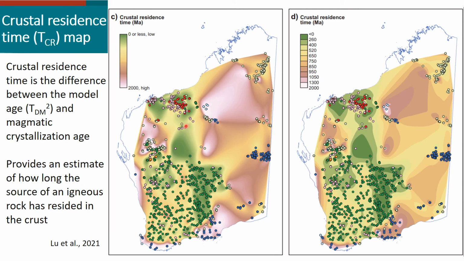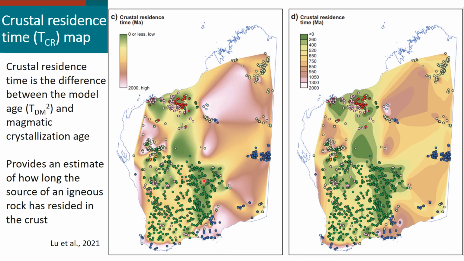These maps show crustal residence time, TCR, which is the difference between the model age TDM2 and the magmatic crystallization age. It provides an estimate of the length of time the source of the igneous rocks has resided in the crust. The shorter the crustal residence time, the more juvenile the crustal source is.